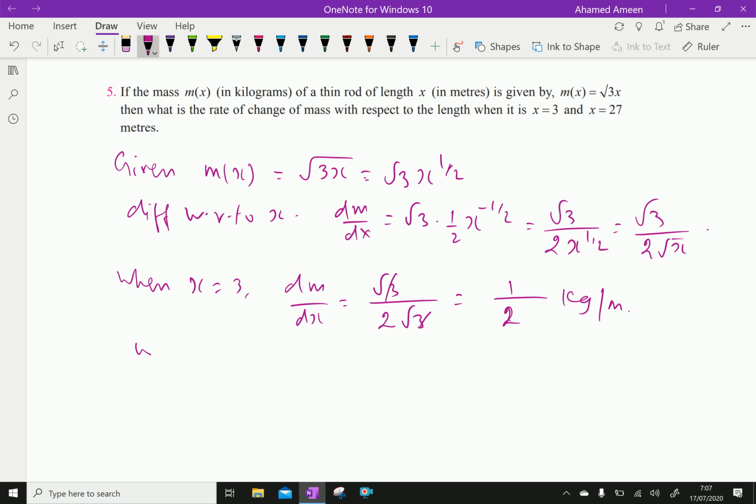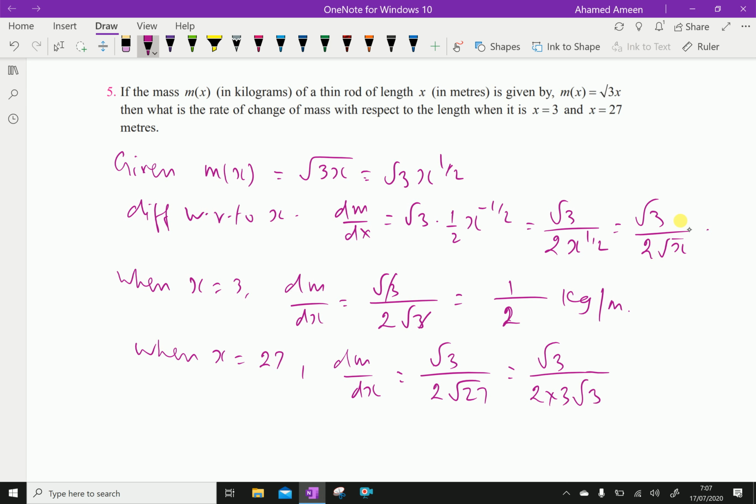Now when x equals 27, then dm by dx equals root 3 by 2 square root of 27, and the square root of 27 is 3 root 3. Then it gets equal to 1 by 6 kg per meter.